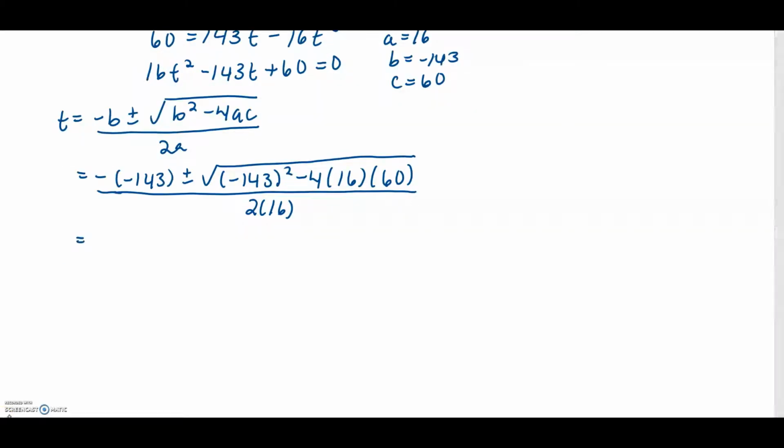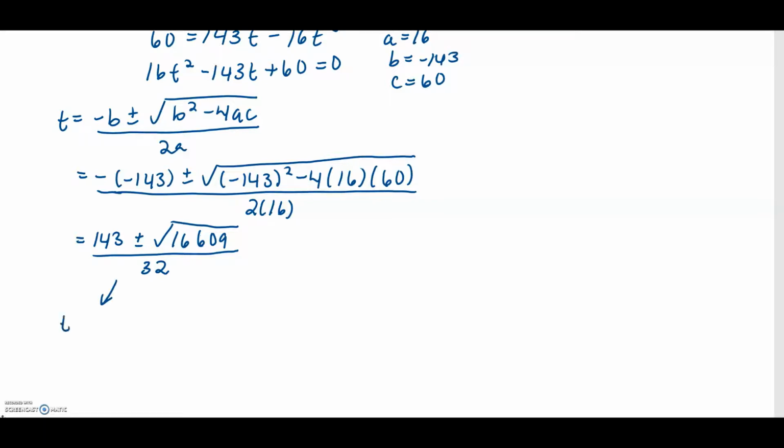This simplifies to 143 plus or minus the square root of 16,609. Take the time to confirm this with your own calculator to verify that you can complete the calculation on your own. And don't forget to divide the numerator by 32.